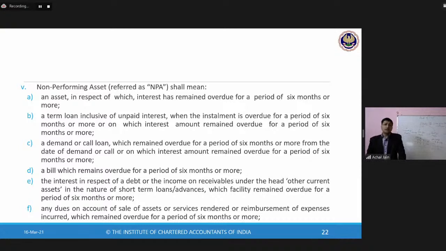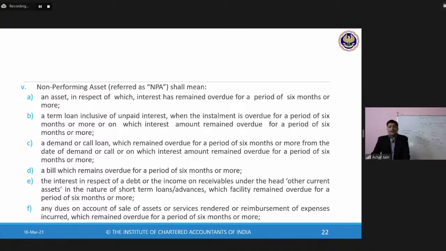Okay. Third, demand or call loan, which remained overdue for a period of 6 months or more from the date of demand or the call, or on which interest remained overdue. So either the principal or the interest. Fourth, a bill. So in case it's a bill which remains overdue for a period of 6 months or more.